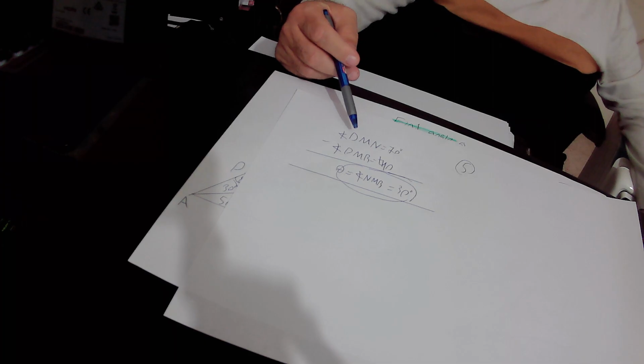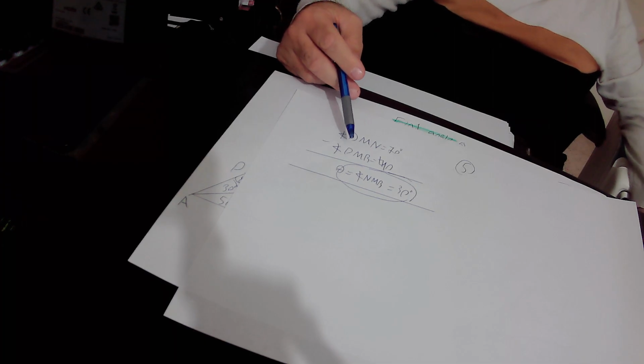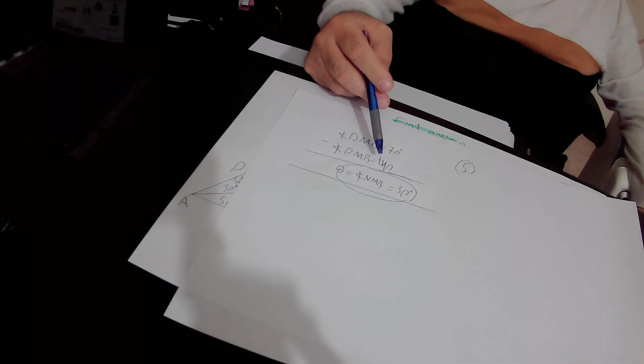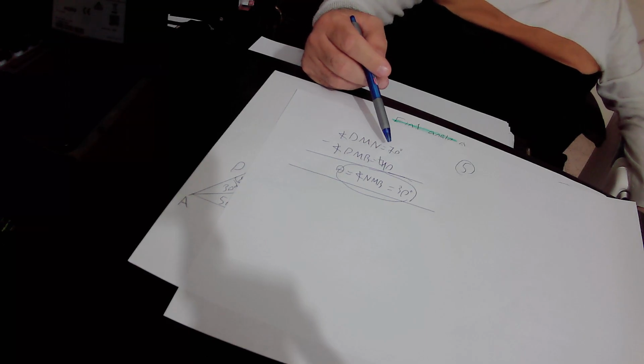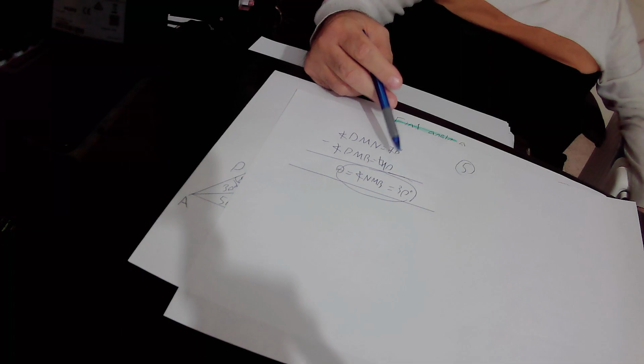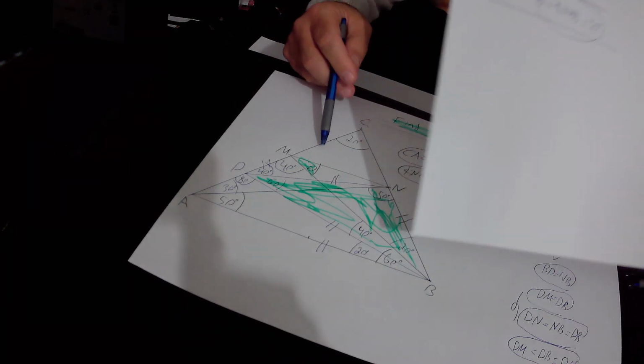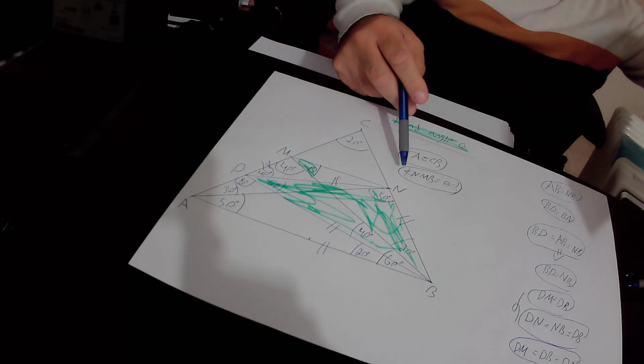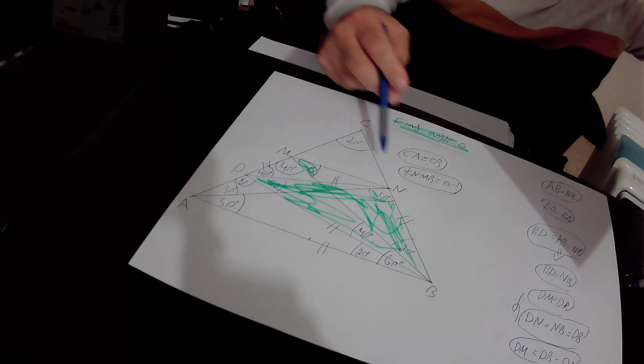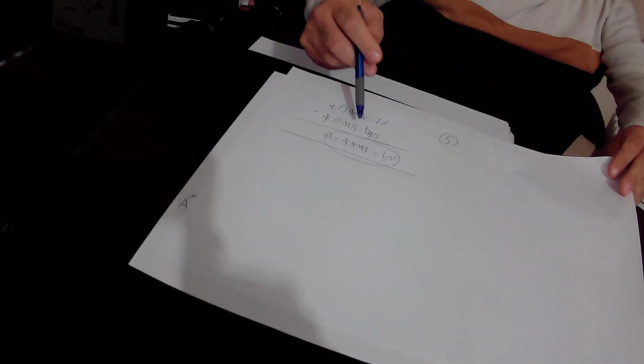So the difference between those two angles must be equal to the missing angle, angle theta, that is actually also angle NMB, the angle that we are looking for. 70 minus 40 is 30 degrees. So we found out finally that the missing angle, angle theta, that is also defined as angle NMB, is equal to 30 degrees in its size.